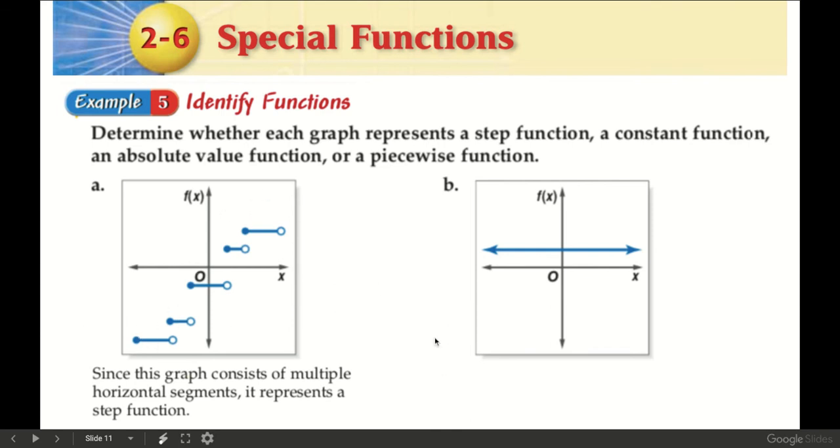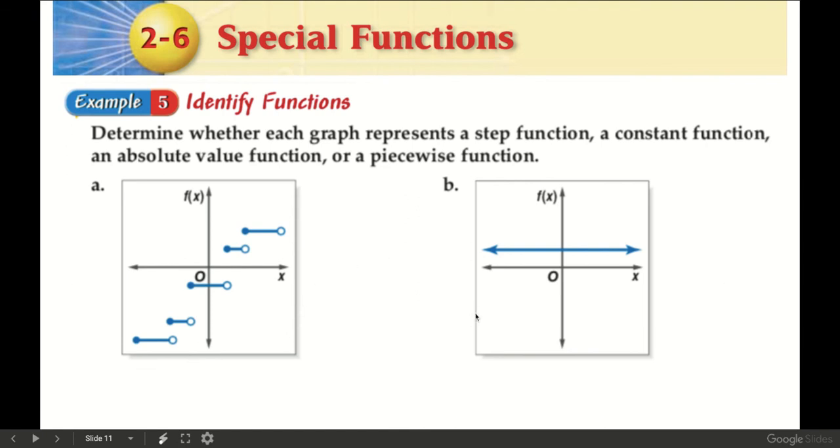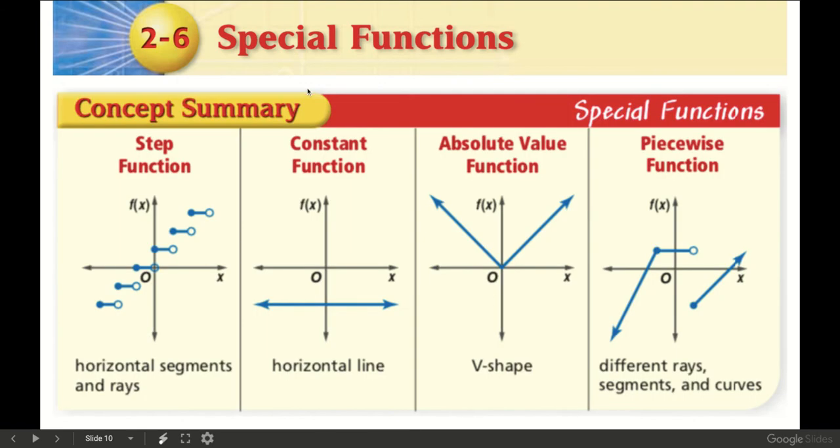Since the graph consists of multiple horizontal segments, it represents a step function. If I look at this one, I see just a horizontal line going on forever in both directions. So that would be an example of a constant function. So this would be an easy way of being able to tell. Again, if you need a point of reference, this is an easy way to reference what type of function it is.